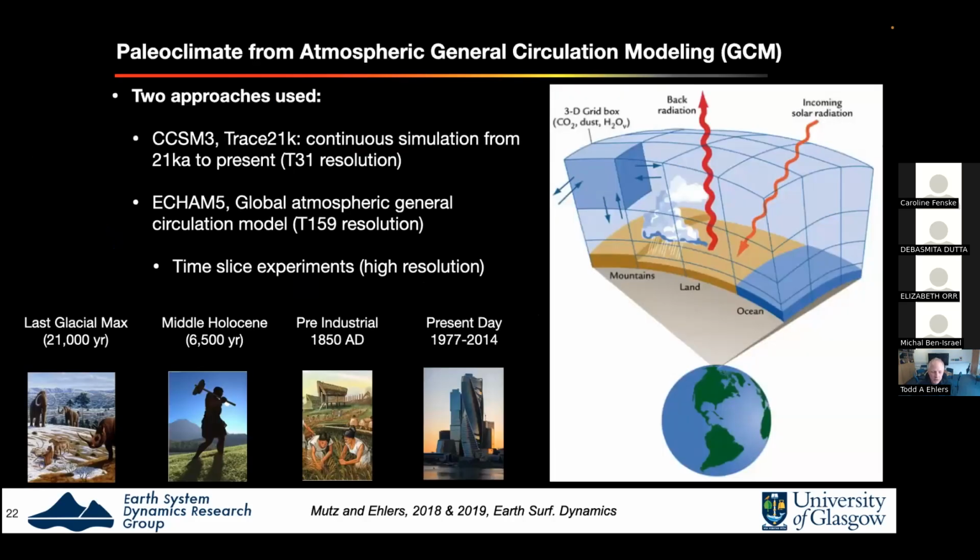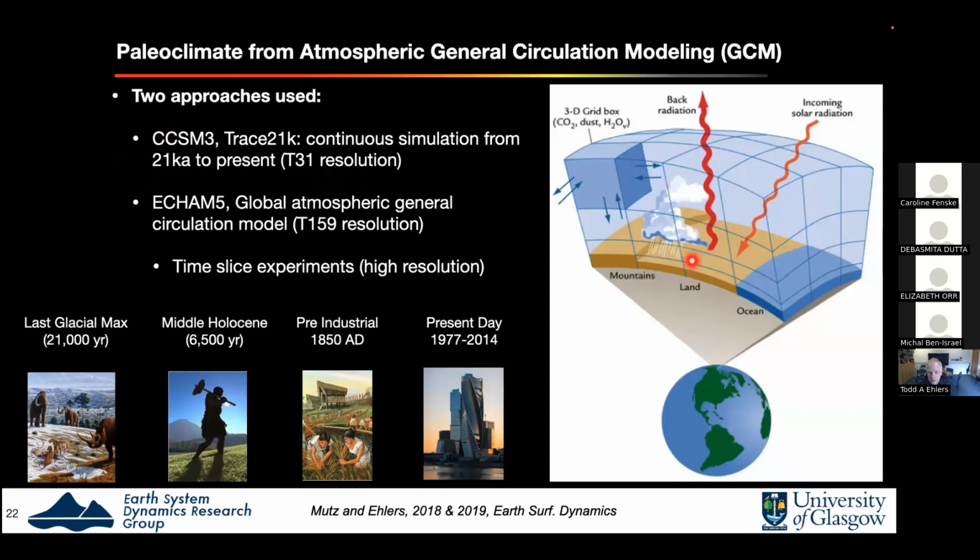We've done this in a 2-pronged approach here. So the first thing is there's this wonderful data set called Trace21K. This is an NCAR-based model. And what's nice about this is that it's a continuous general circulation model simulation that was run from the last glacial maximum to present. The downside is to do that, you have to run it at really coarse resolution.